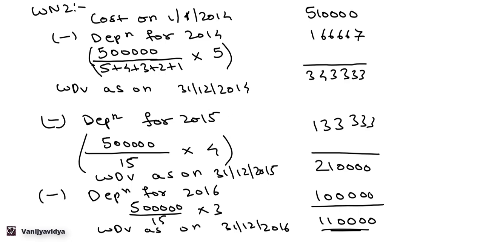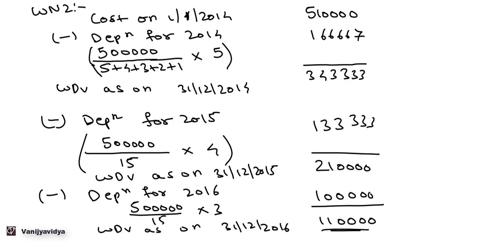Now say suppose the asset, now here we assume that the asset is purchased on 1st Jan 2014. Instead of that, the asset is say purchased somewhere in between the year or in the middle of the year.